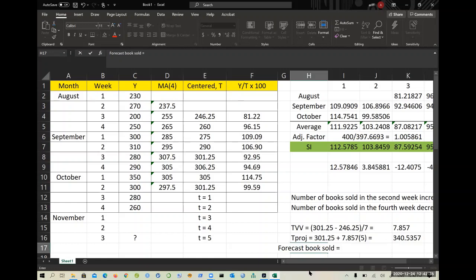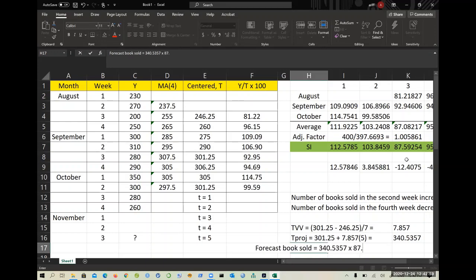So in this case, the T projected is 340.5357, and then you multiply with the seasonal index for the third quarter, which is 87.593, and this should be divided by 100.